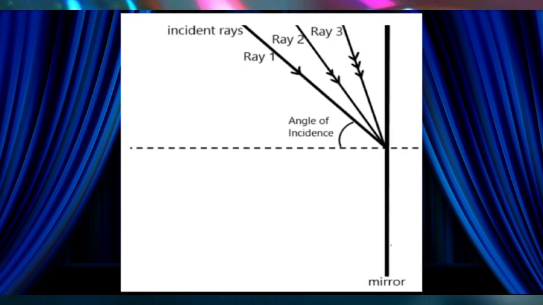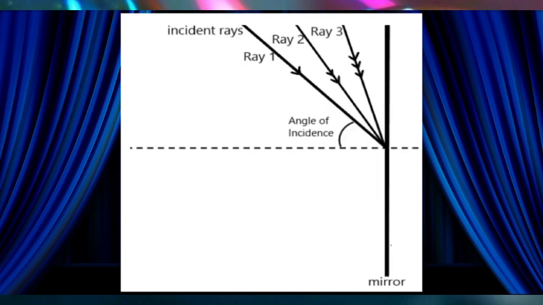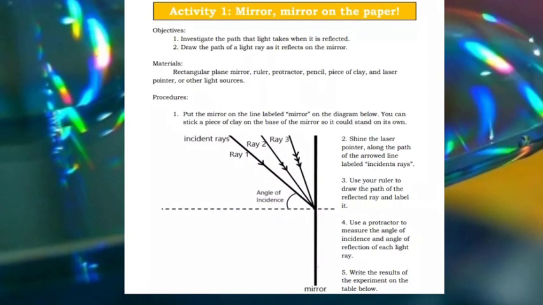Number 4. Use a protractor to measure the angle of incidence and angle of reflection of each light ray. And lastly, write the results of the experiment on the table. This activity can be seen in your Quarter 2, Module 6.